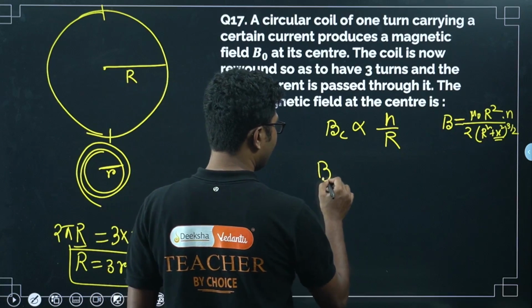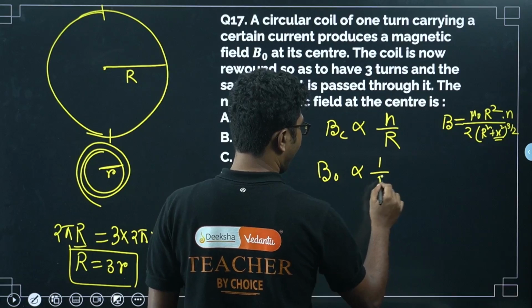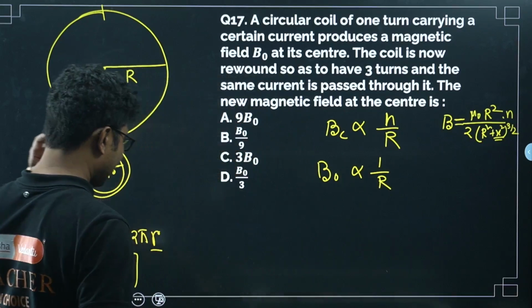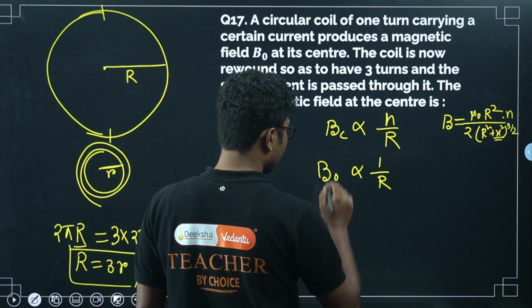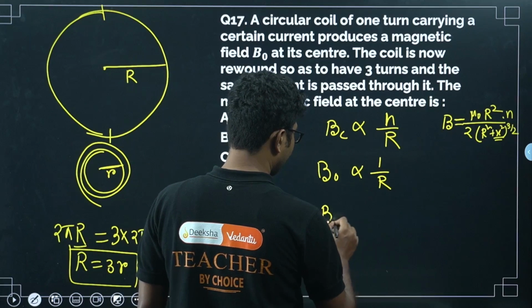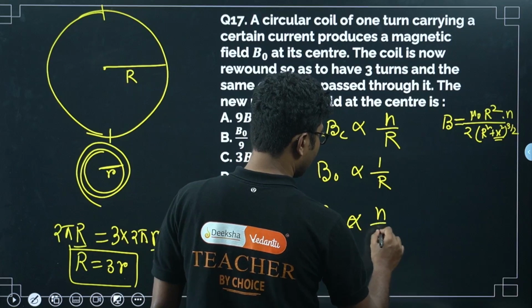Now initially, what was the magnetic field? B naught is proportional to 1 by R. Now what is the final magnetic field? Final magnetic field B F is proportional to n by small r.